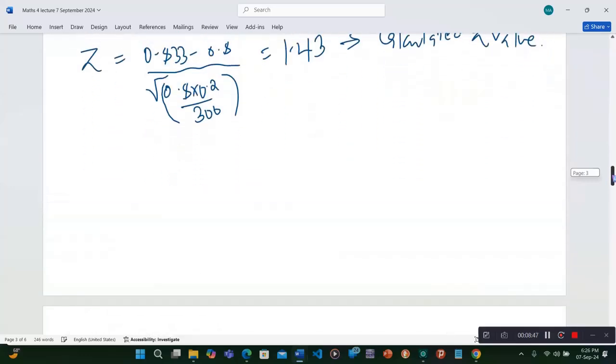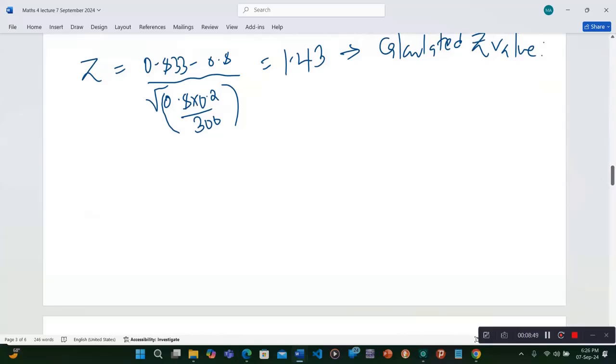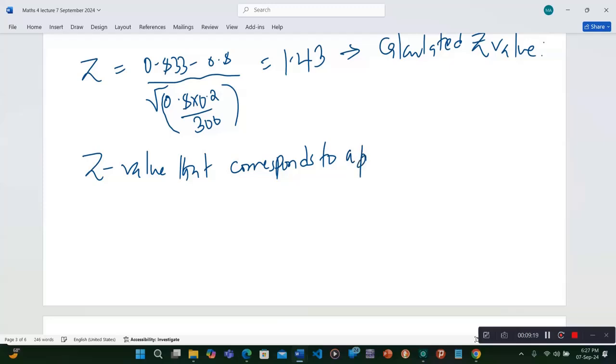So we are going to use the level of significance at 10%. That is, we are going to look for the Z value that corresponds to 0.1, the probability.